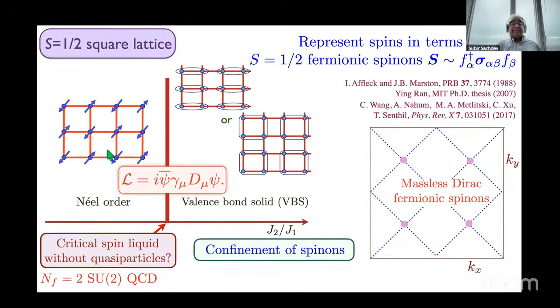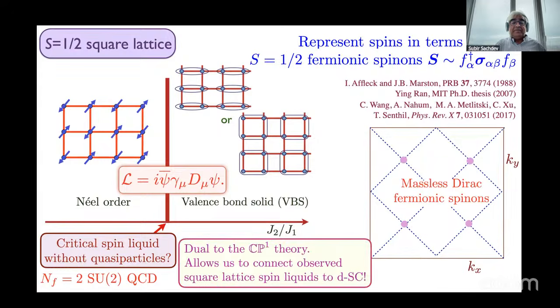So this is the modern understanding of this theory. It gives you, in fact, the same phase diagram as the bosonic spinon theory. And in some formal sense, as discussed in this paper, there's a duality. So now this is great. You have these dual descriptions of the same spin liquid.